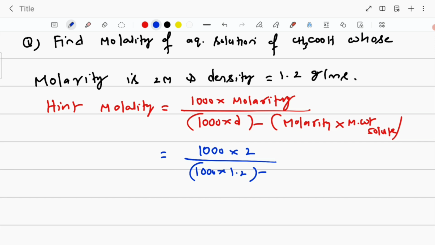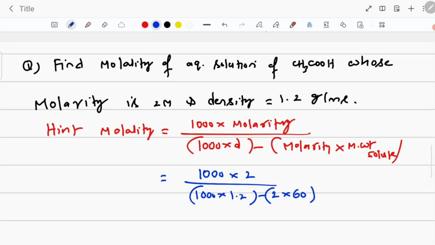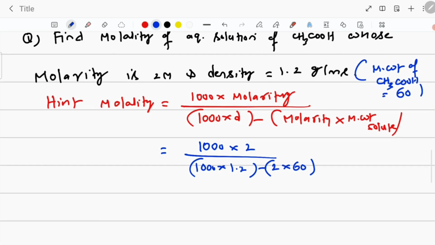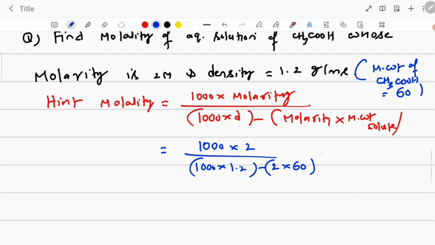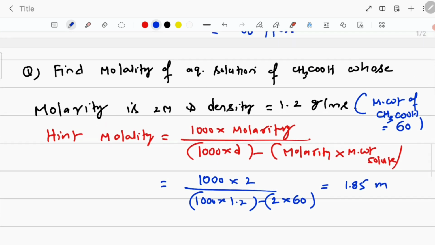CH3COOH is given in the question. CH3COOH molecular weight, that is 60. It is given in the question. I am writing here: CH3COOH molecular weight is equal to 60. So after calculation, calculate everyone. 1000 into 2 by 1000 into 1.2 minus 2 into 60, 1.85 molal.